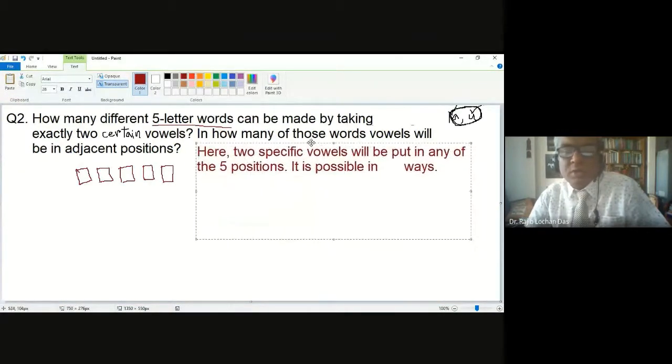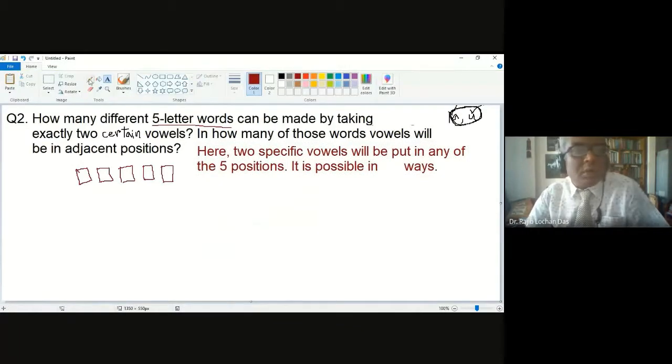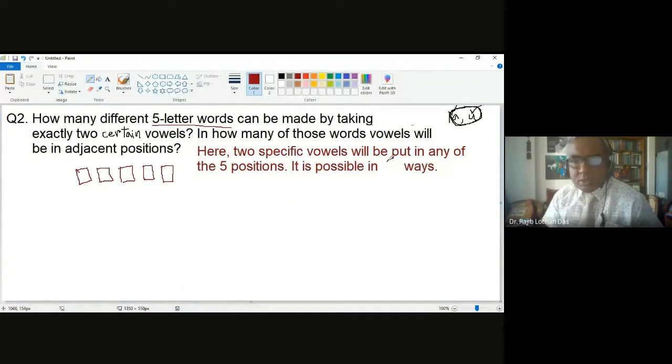Very, very important concept. So it is actually 5p2 ways. 5p2 means 5 into 4, so it is 20. Now this is the first part.